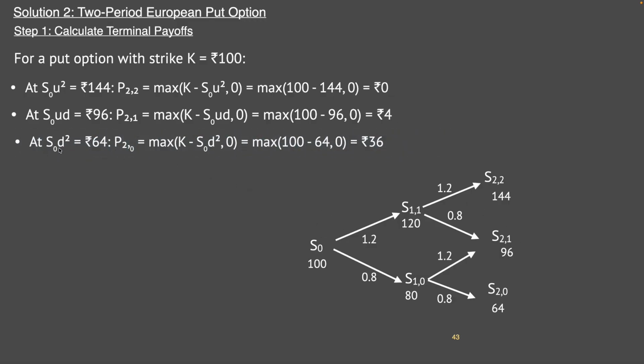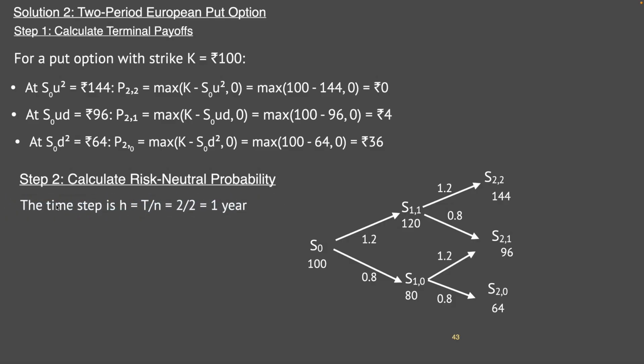At S0D square, P20 will be K minus S0D square, which is 100 minus 64. Okay, 100 minus 64 is 36. So here P20 will become 36.